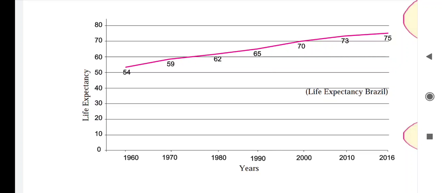Many things determine life expectancy. If people are living in good conditions, if their economic condition is good, then health is also good. If cleanliness, medical facilities and government facilities are there, then of course life expectancy will increase.